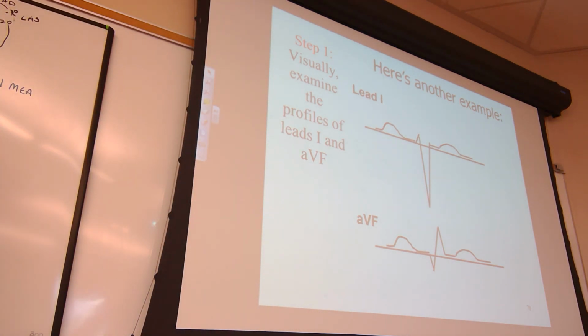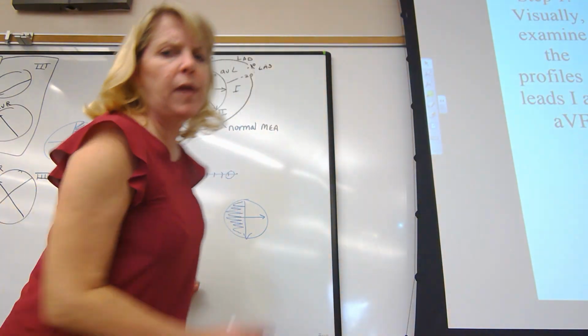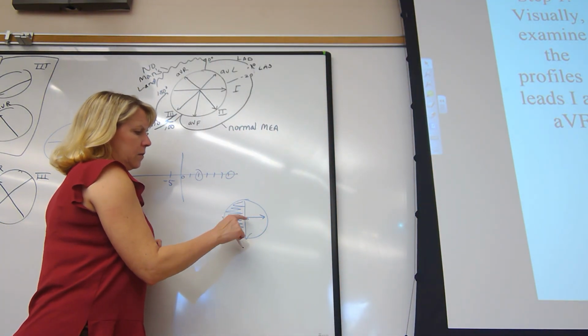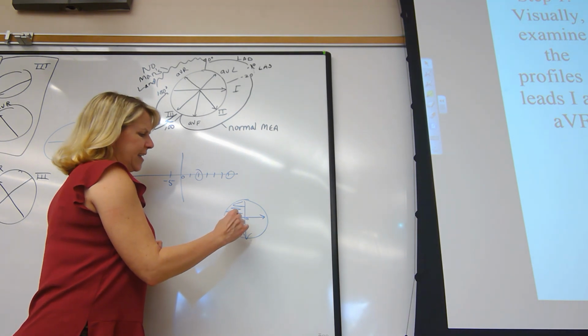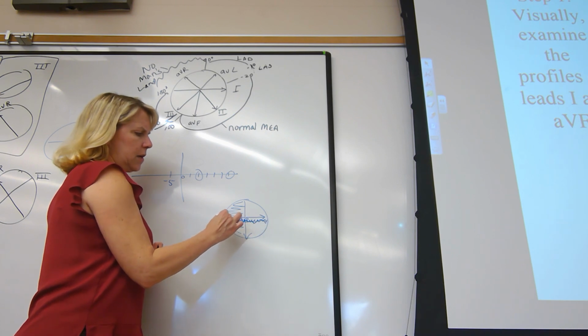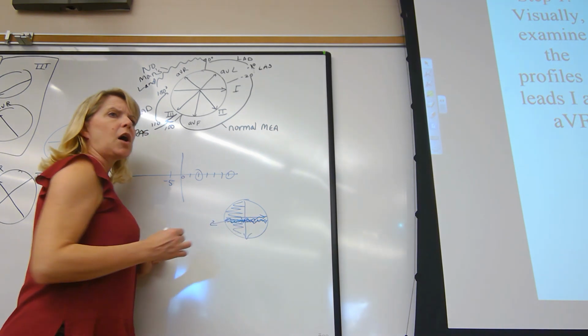If AVF points down, and this is 0 for AVF, and you're saying it's ish positive, do you agree with my shading right here? And so this would be an RAD.